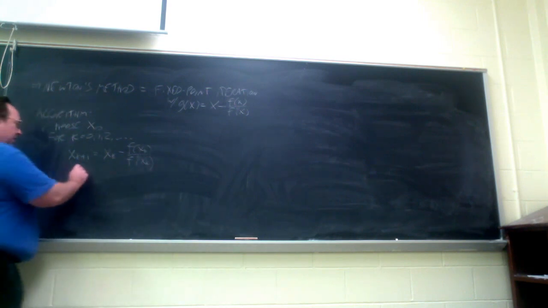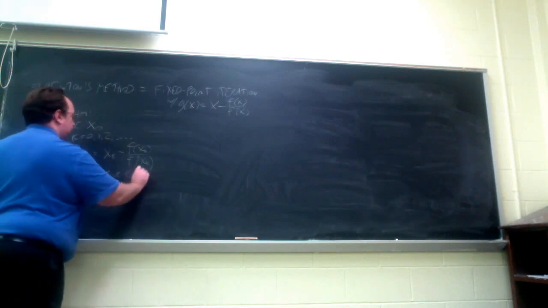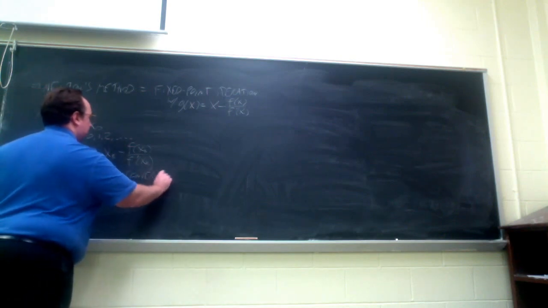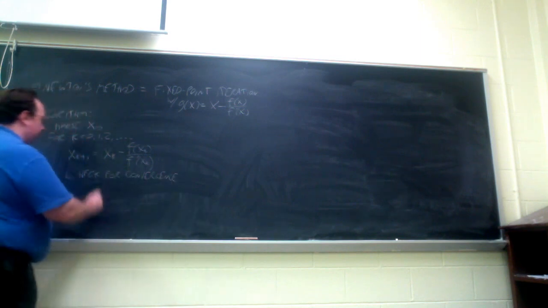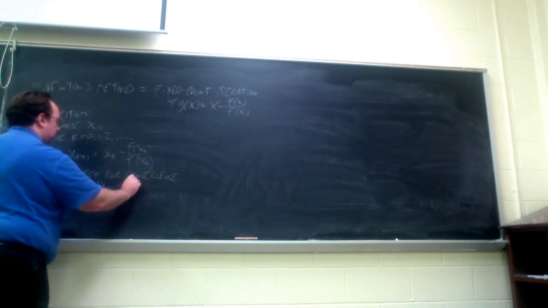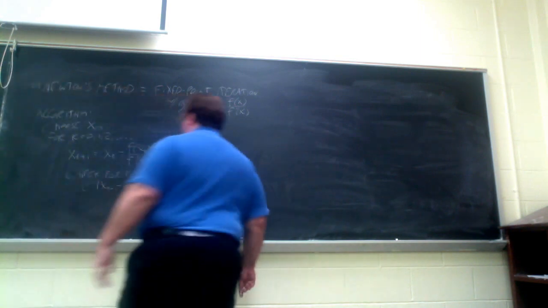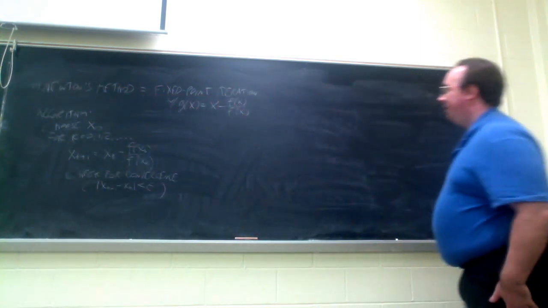And then you check for convergence. So for instance, you look at xk plus 1 minus xk less than some tolerance. If the x's are getting so close to each other that they're practically indistinguishable, then you might as well stop. And if it converges, then xk will converge to a root of f.